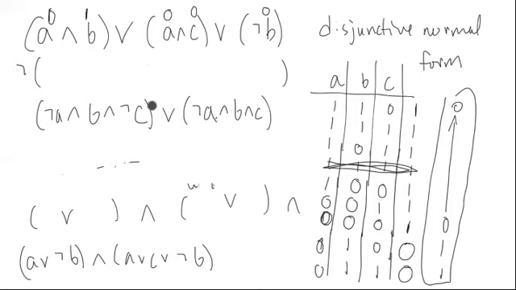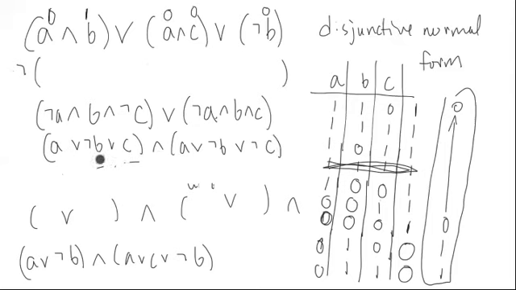And then we just take the complement. We just reverse everything. So it's A or not B, or C, and A or not B, or not C, if I did that right.